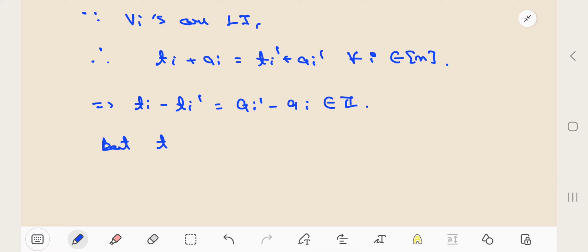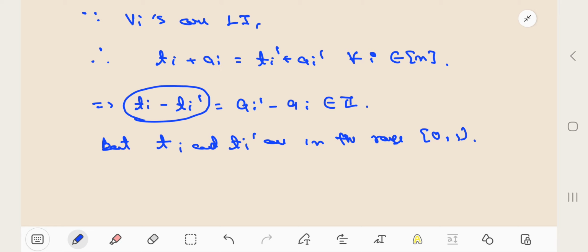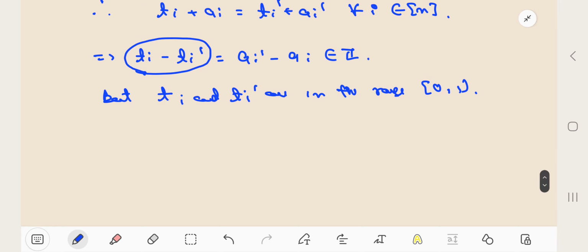But observe that these elements ti and ti prime are in the range 0 to 1, and their difference needs to be an integer. But for their difference to be an integer, it must be exactly equal to 0. This implies that ti minus ti prime must be exactly 0, so ti must equal ti prime.